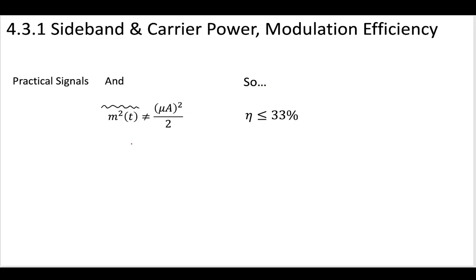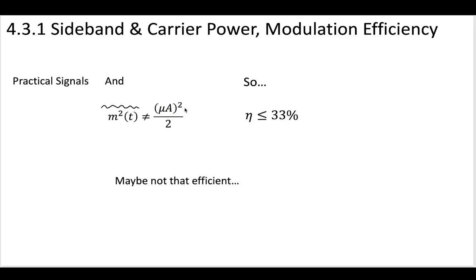Well, for practical signals, the message power is not equal to this ideal case, where this was the amplitude of our tone message. So in a practical signal, we don't even have the message power being equal to this. So that means that we can't even get this efficiency. We can't even get our message to be this large, quite as ideal as this.